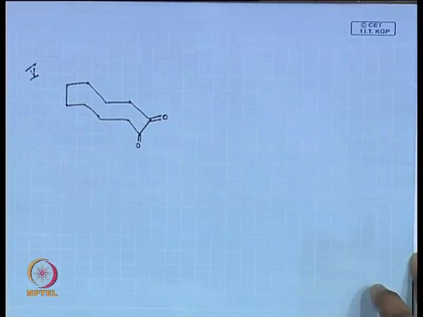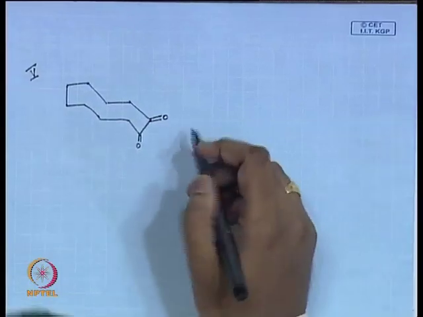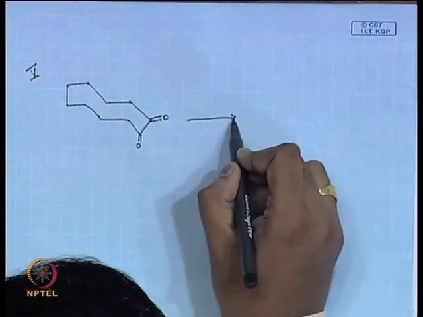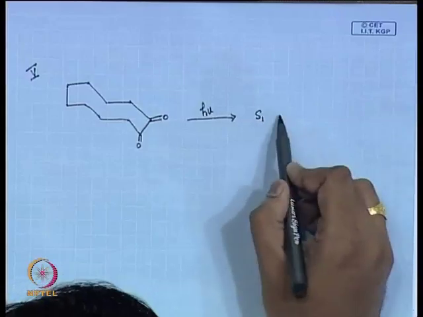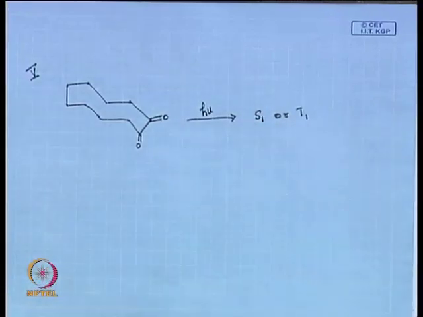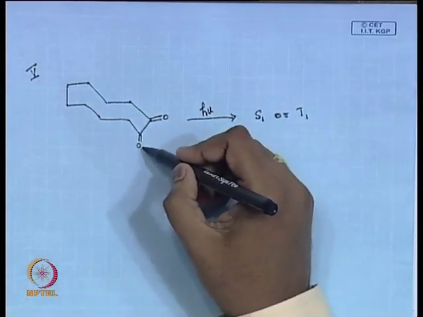Sort of a diketone, right? So, if I photolyze, you know it can be S1 or T1, that is fine. Now, what happens? I can excite one of my ketones, right. So, it can go to O dot.